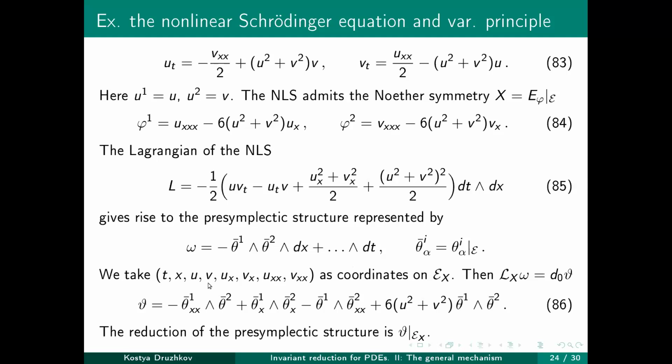So we take these coordinates as coordinates on the invariant subsystem. Then we can solve the corresponding equation because the presymplectic structure is invariant, and the invariance of presymplectic structures and conservation laws can be established using their characteristics or presymplectic operators. So it's not that hard to do usually when we know that our equation epsilon has trivial topology.